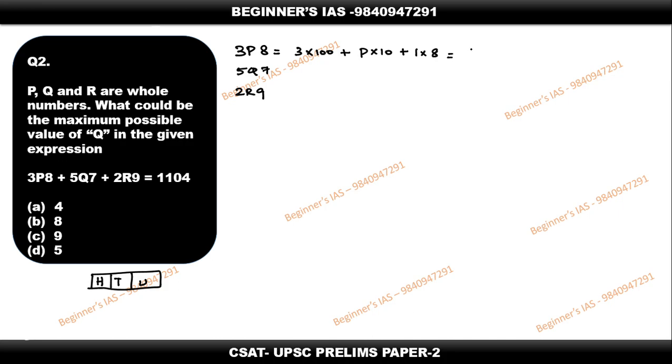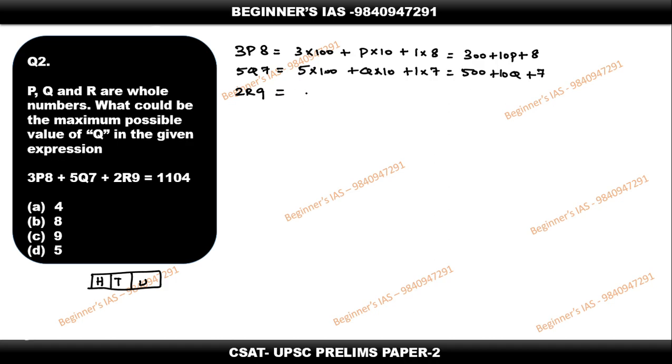Now 3 into 100, 300, plus 10P plus 8. Now check with the same thing. 5 into 100, Q into 10, 1 into 7. Therefore 500 plus 10Q plus 7.